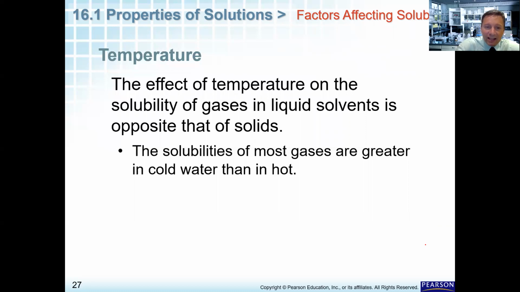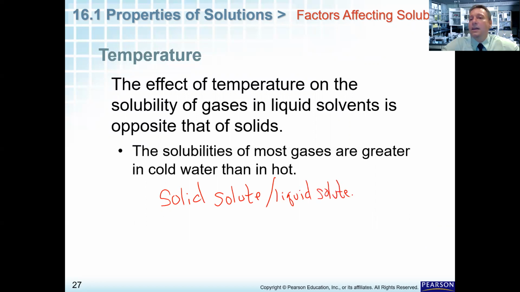If I have a solid solute or a liquid, temperature increases the solubility. Temperature up, and that's for the most part, because there's that one that we noticed that actually decreased.